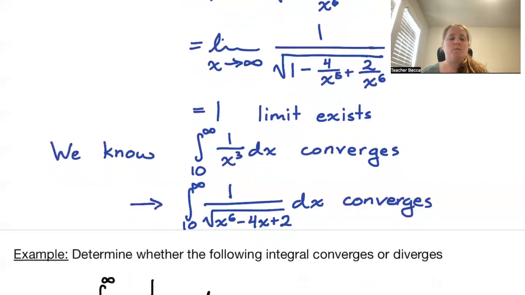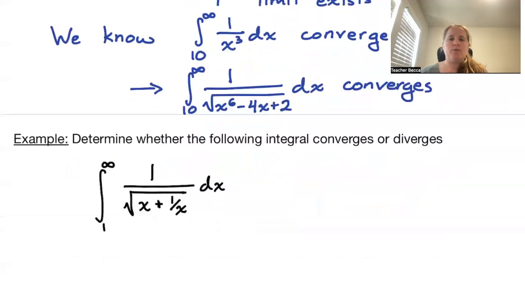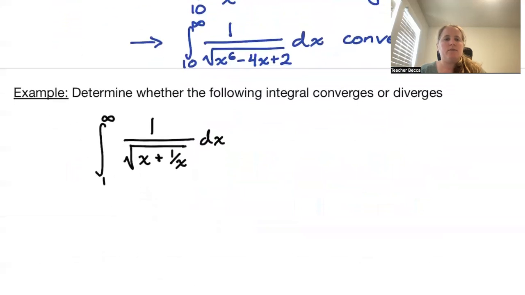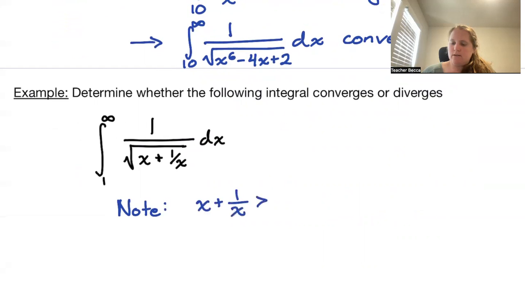For one more example, let's go ahead and determine whether the following integral converges or diverges. We are looking at the improper integral from 1 to infinity of 1 over the square root of x plus 1 over x dx. So again, note x plus 1 over x is greater than 0 for x greater than or equal to 1.